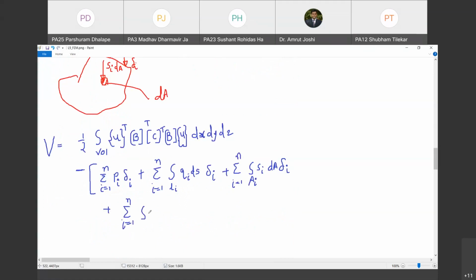Now this is gamma_i dV delta_i over the volume V_i. So this is the expression for potential energy.